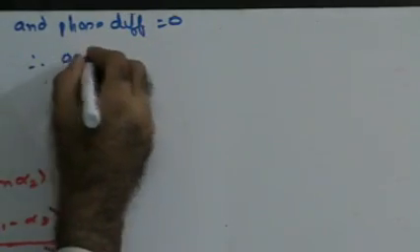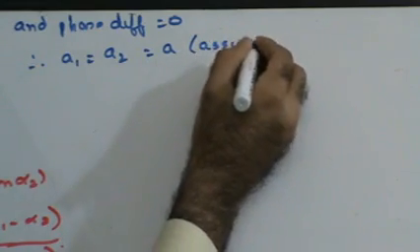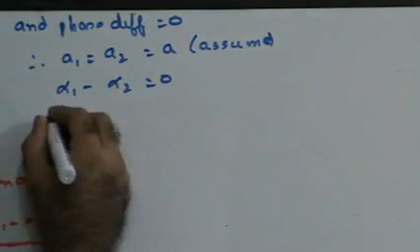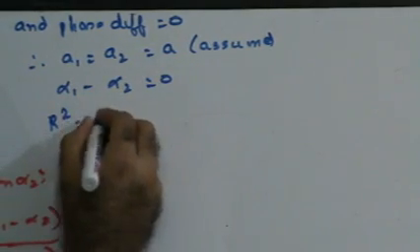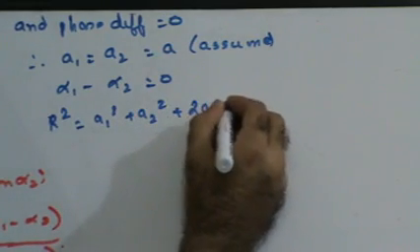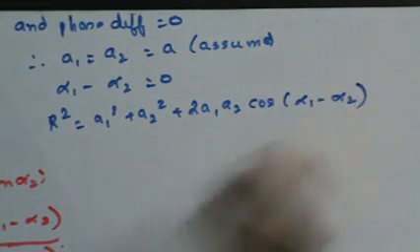Two amplitudes are equal and phase difference is 0. That means A1 is equal to A2 is equal to A, assume, and alpha 1 minus alpha 2 is 0. R square is equal to A1 square plus A2 square plus twice A1 A2 cos of alpha 1 minus alpha 2.